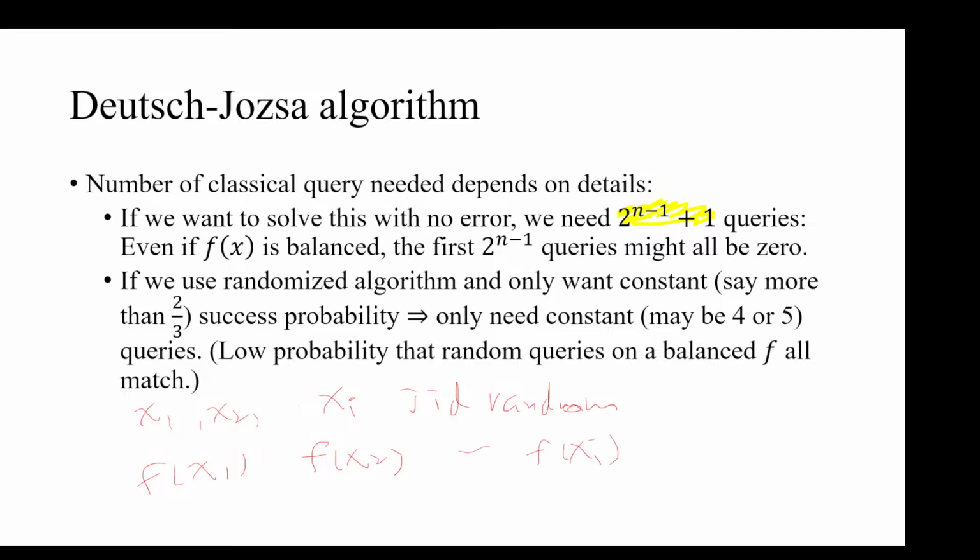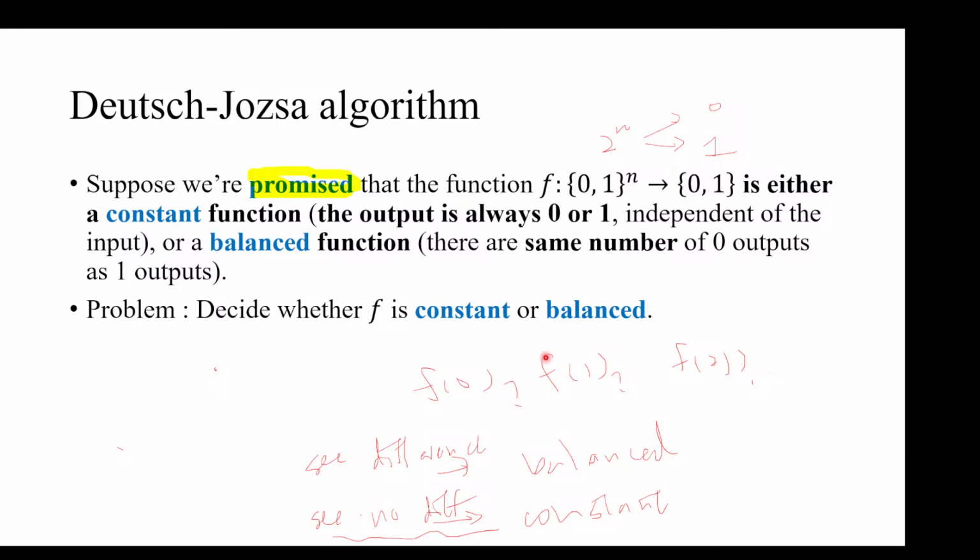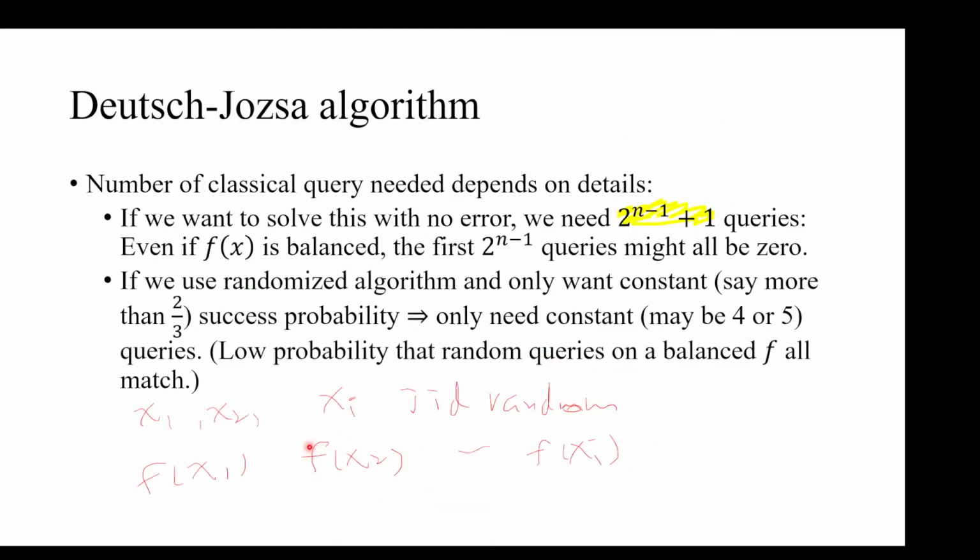Okay, and when you see a difference, you say it's a balanced function. Okay, and in this case, you see that if you have a balanced function, then each subsequent random query has about 1/2 probability to show a different output than the previous result.